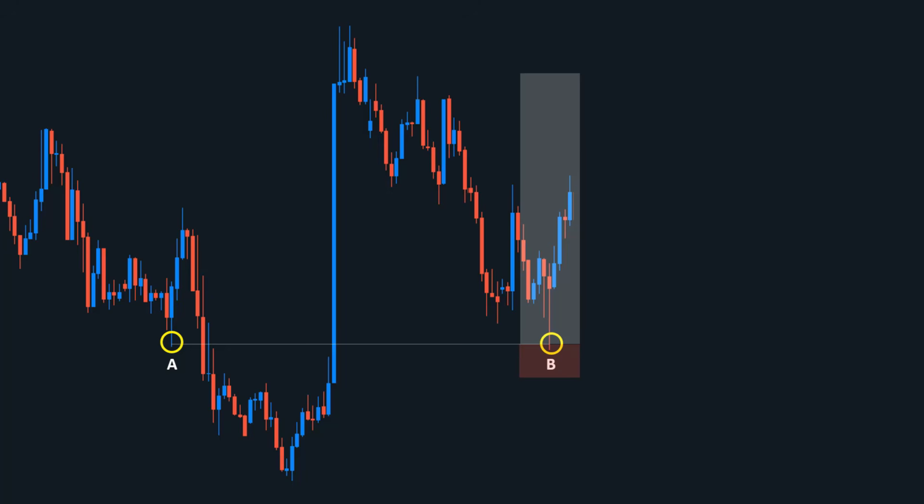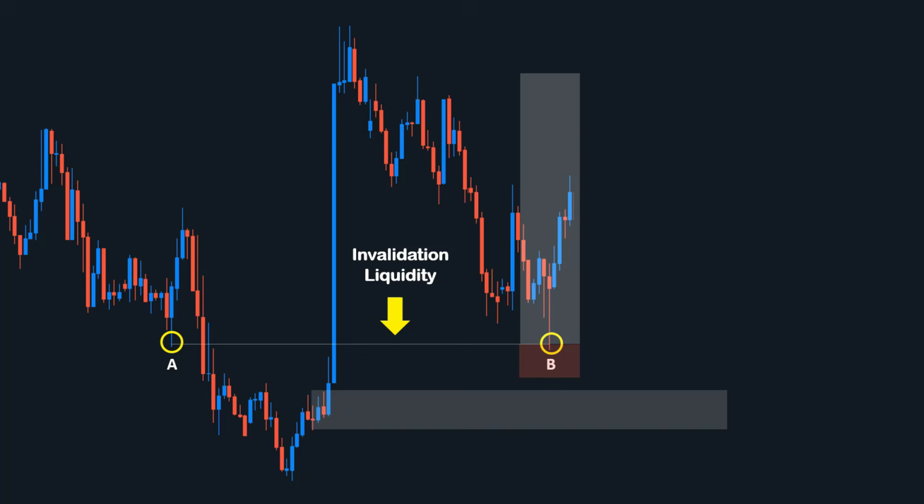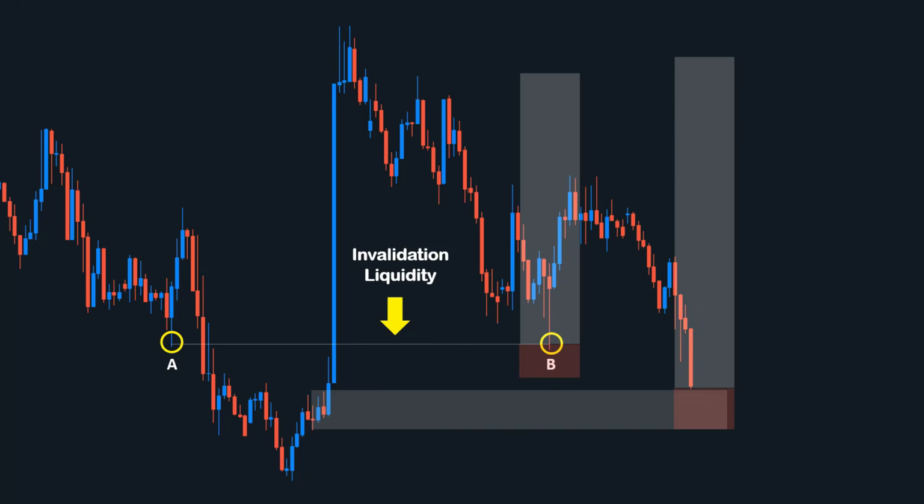Let's break it down using the chart you see on the screen. We've got point A here, that's our invalidation point. Later on, the market forms point B, which becomes the inducement liquidity. Notice that both A and B are sitting at the same horizontal level. Now what happens next is classic. Price comes back, dips right below both A and B, grabs that liquidity, and then shoots up aggressively.